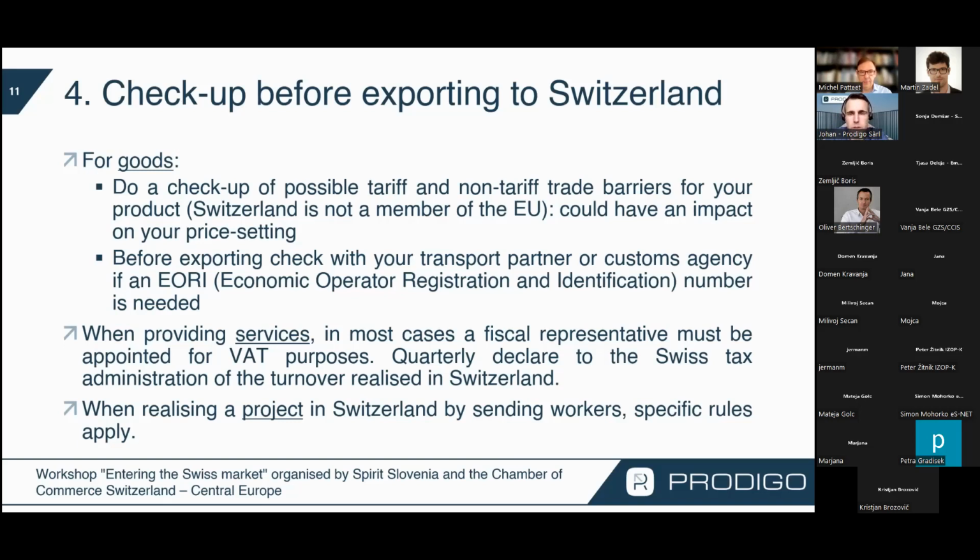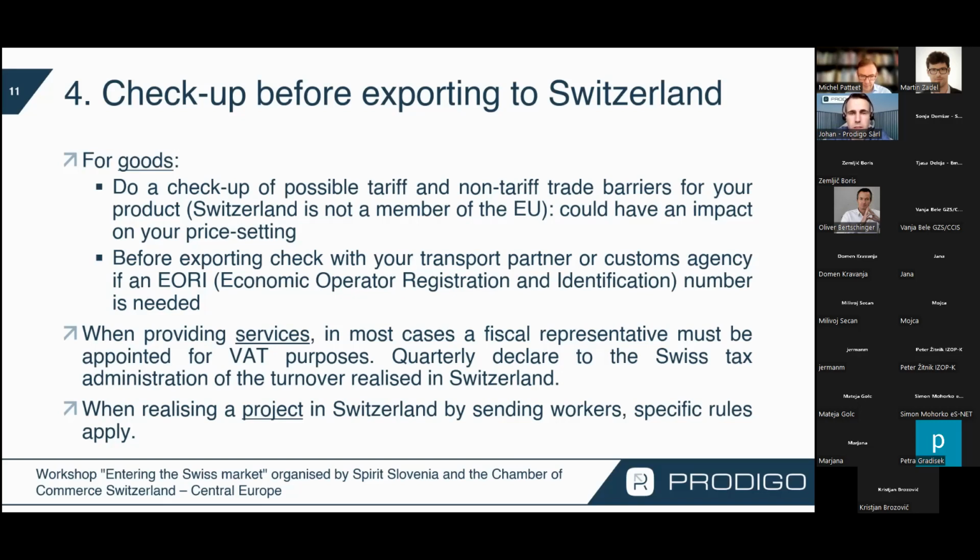And then you can also check with your transport partner or with your customs agency if you need an EORI number to export to Switzerland. So EORI number is the Economic Operator Registration and Identification System that applies in Europe and also in Switzerland. When providing services, in most cases, you need a fiscal representative to represent you in Switzerland.